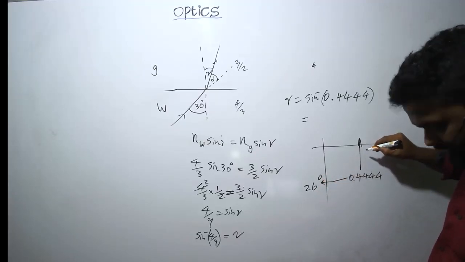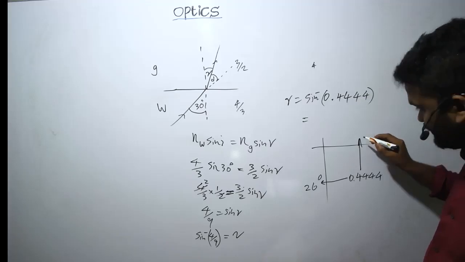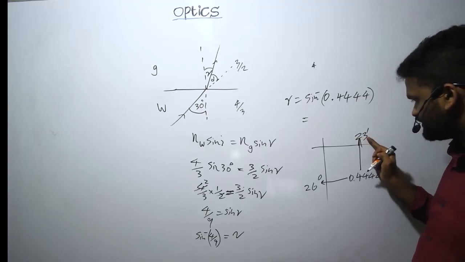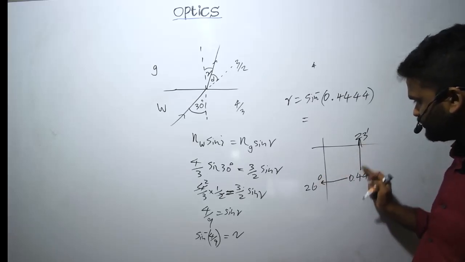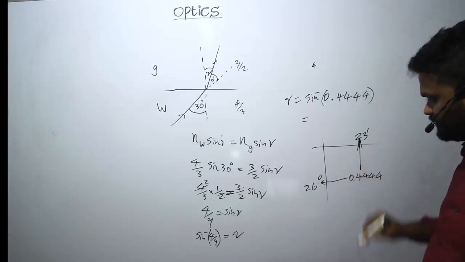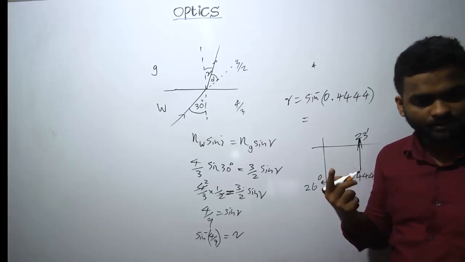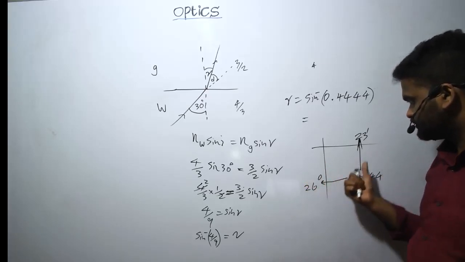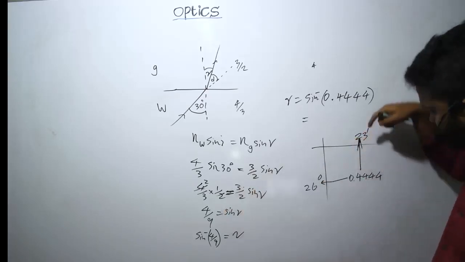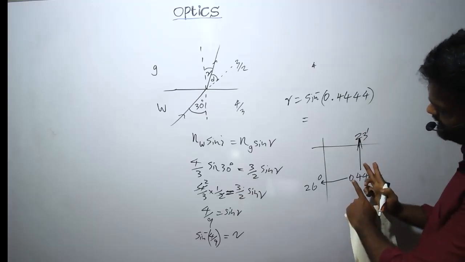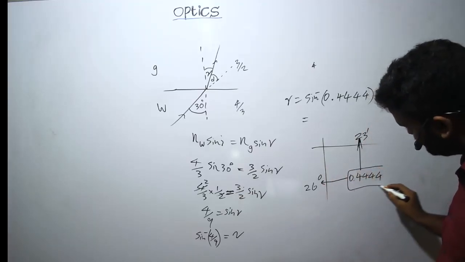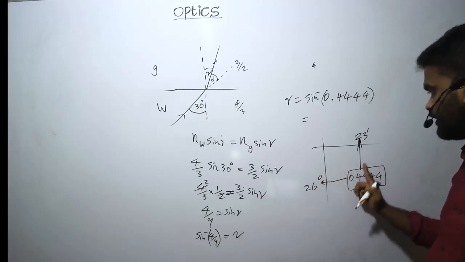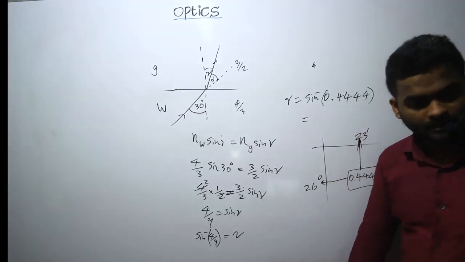If you look perpendicular, that value is 23. So this is minutes, 23 minutes: 26 degrees and 23 minutes. Got it? So that is how you go for the inverse. To find the inverse, you need to locate the value from the table and then see how many degrees, how many minutes.